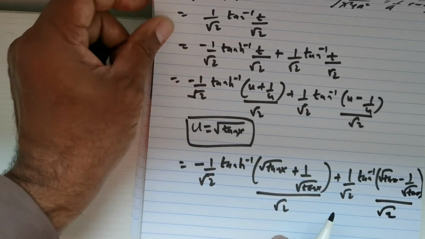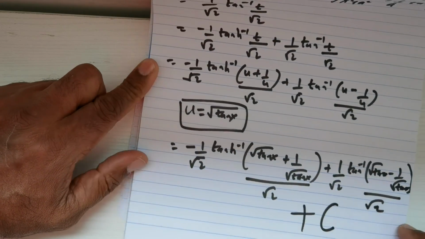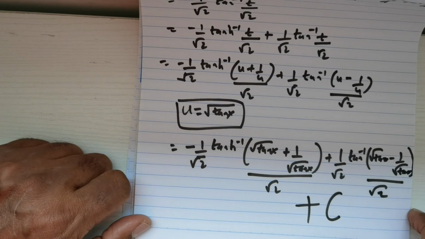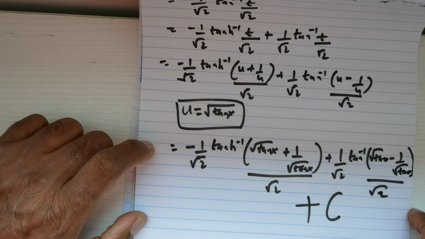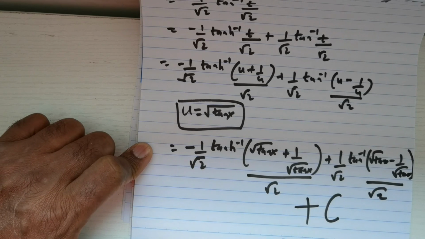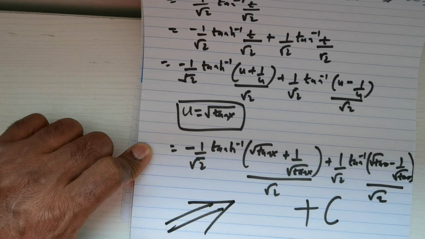Now of course you can simplify this. You have to add the arbitrary constant c also. You are free to simplify this and write the simplified fashion, but as for me, I think I will stop here. I'm happy to have this as my final answer.